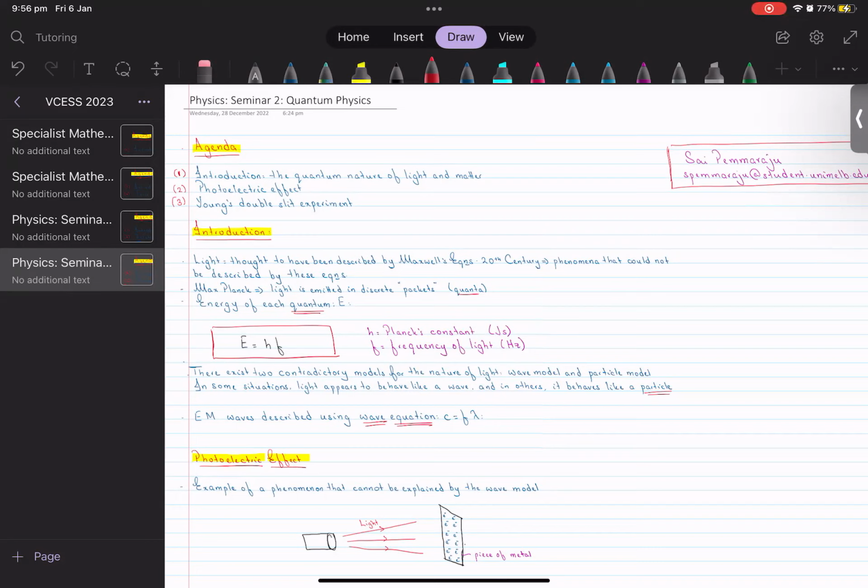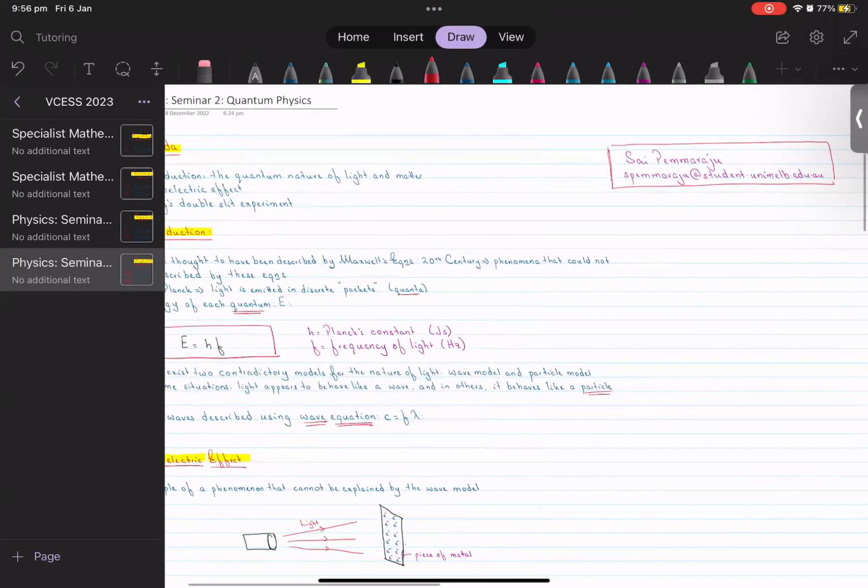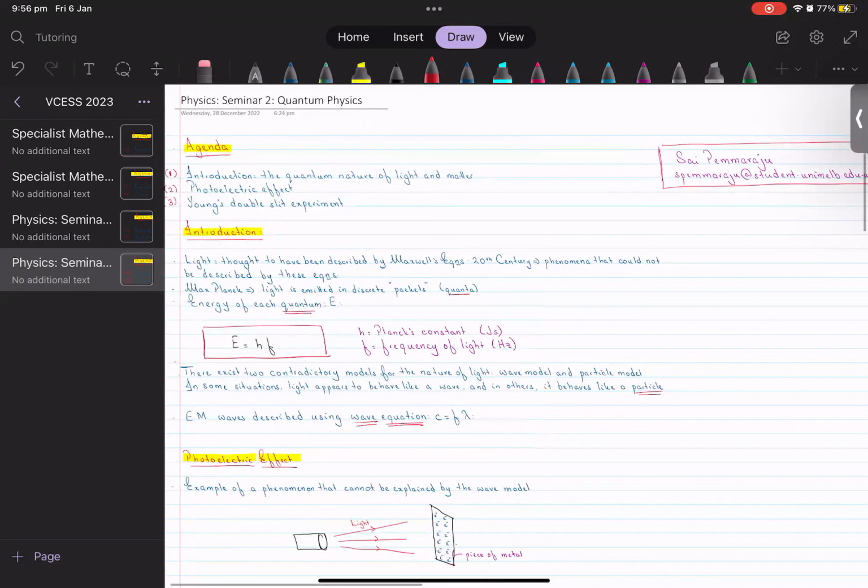I use that word quantum quite loosely here. There's obviously a lot more involved in quantum physics than what I have shown in this lesson. We will only scratch the surface in this seminar, so it's important to note that there's plenty more.